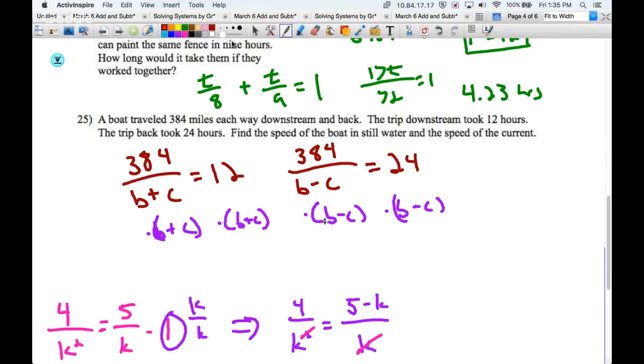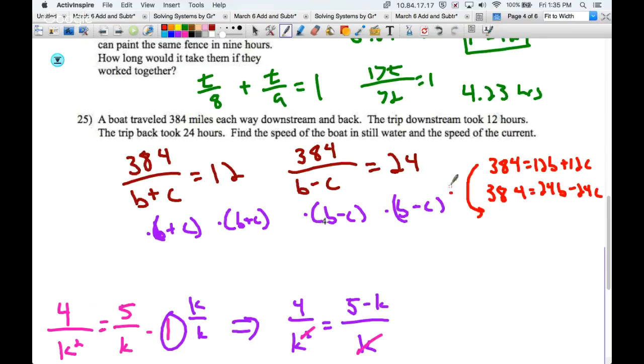So now our equations look like this. We've got 384 equals 12b plus 12c, and 384 equals 24b minus 24c. Well, let's do some canceling.